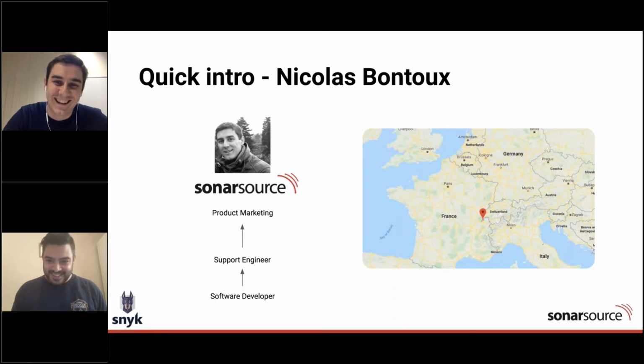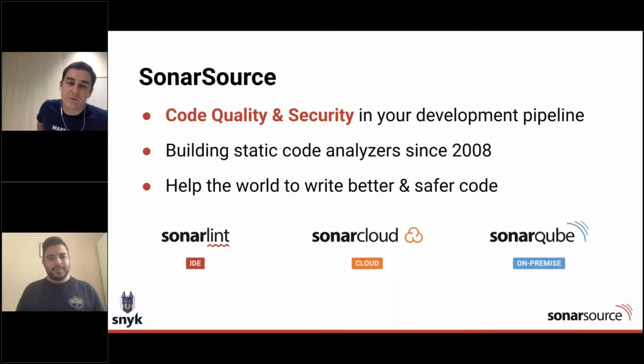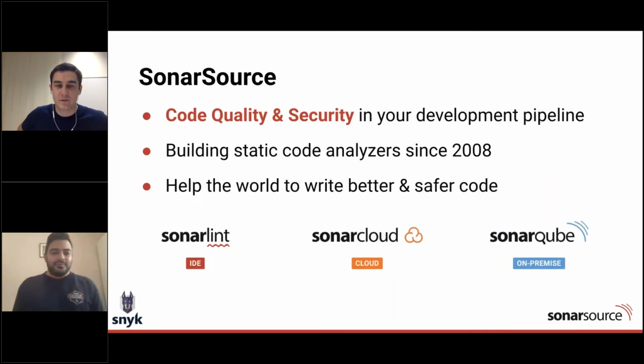On the Sonar side, you can go to the next slide, Simon. We've been about code quality and security for quite a while now. In fact, we celebrated our 10th anniversary last year with some big cakes. Our mission is pretty simple: helping the world write better and safer code.